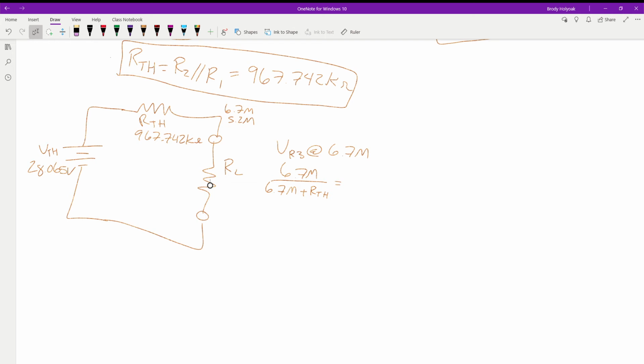We should be seeing 22-ish volts, 23 volts, something like that. While we're doing these calculations, think about what you should be seeing and what these ratios are. Most of the voltage is going to drop here. So we take that and multiply it by our V-Thevenin. What do we get for the voltage drop across R3? Okay, does that match?